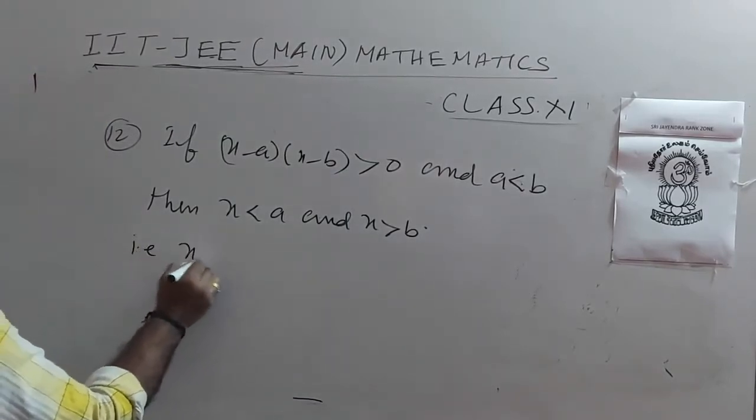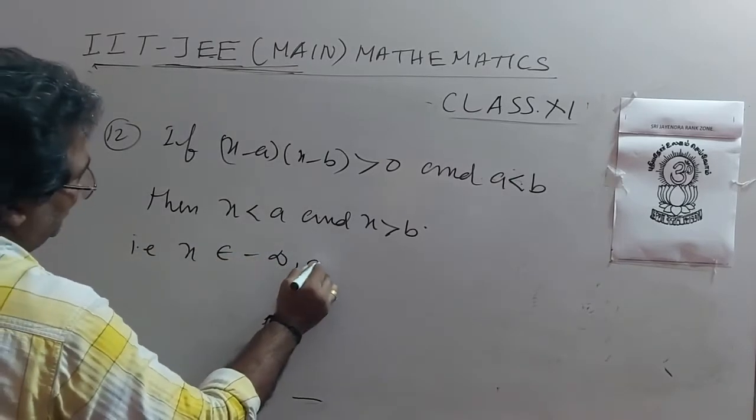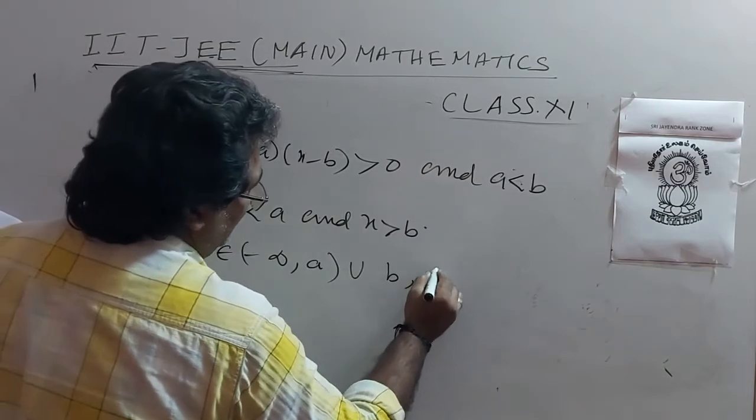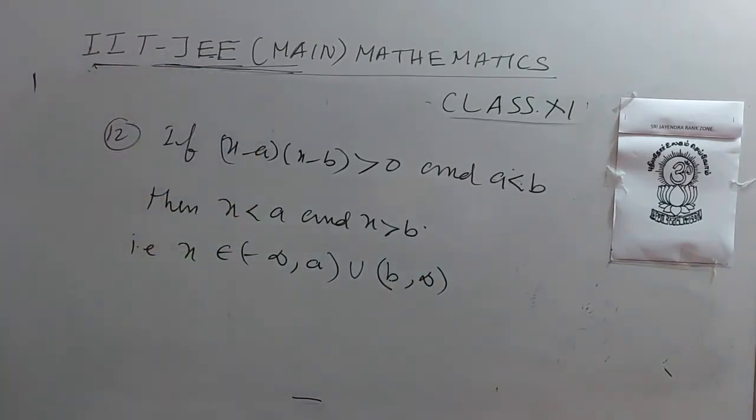That is, x belongs to minus infinity comma a union b comma infinity.